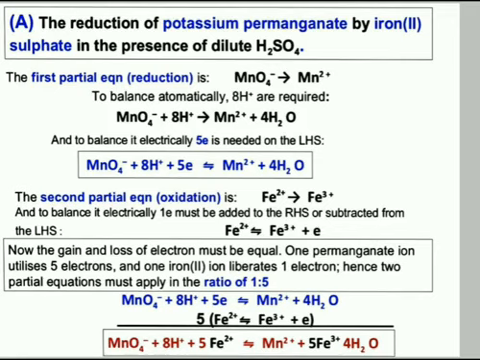In this titration, between potassium permanganate and iron sulfate, in the potassium permanganate, MnO4 minus becomes Mn2 plus. In MnO4 minus, the manganese is in the 7 plus form.